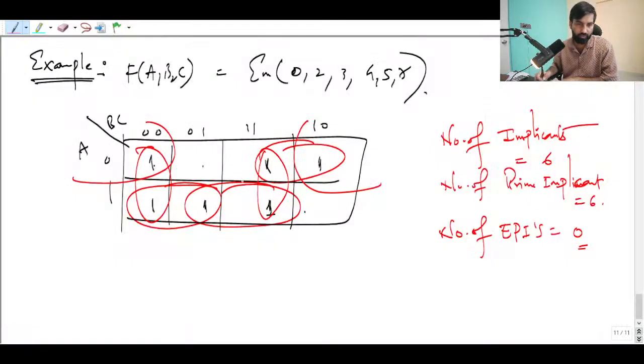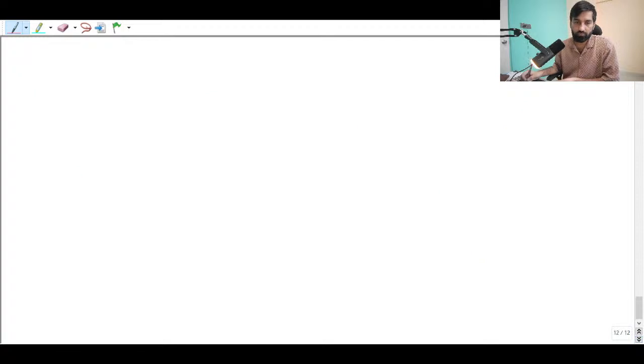So whenever this kind of situation happens where essential prime implicants are 0, you can see there will be kind of a cycle, cyclic prime implicants. Okay, you can notice here there is a cycle. Okay, so cyclic prime implicants, right?